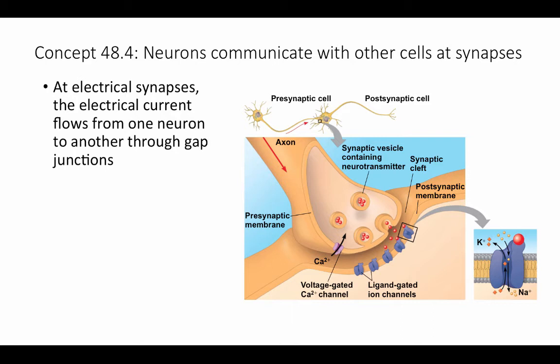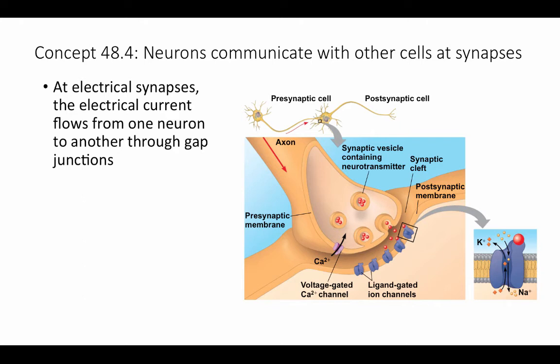There are a couple of different kinds of synapses. One is called an electrical synapse. In this case, the electrical current flows from one neuron to another through gap junctions, so you don't have a chemical signal. The action potential just continues to propagate from one neuron to the next.